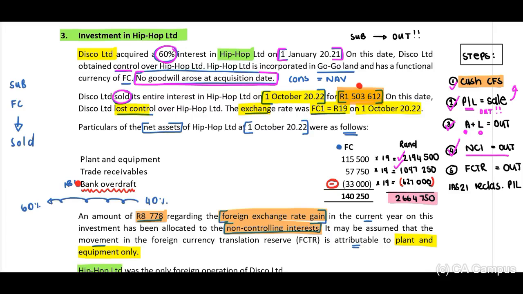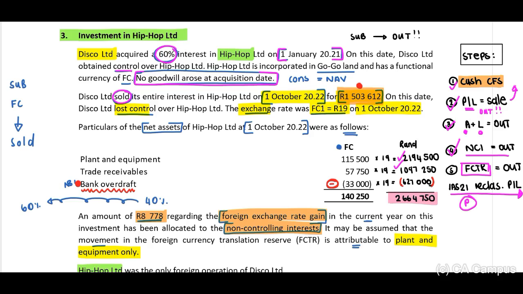Next, number 5, we need to take out our FCTR and reclassify this to our profit and loss. Important. We need to reclassify this to our profit and loss. But to be able to do this, we will have to calculate the portion that will be allocated to our parent.